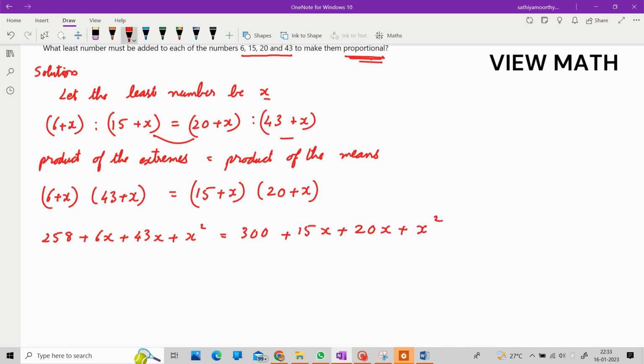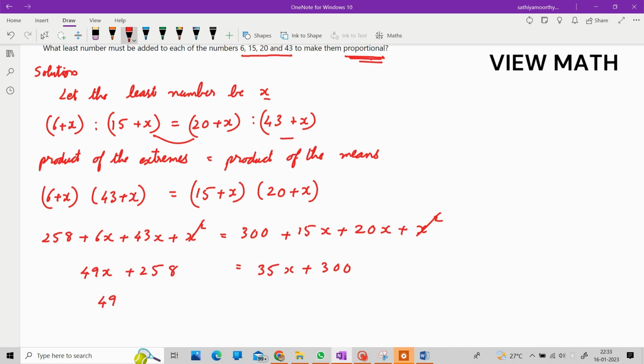Now I can see the x square term is common, so let me cancel it. I'll be getting 49x, adding these two terms, plus 258, which is equal to 15x plus 20x is 35x plus 300.